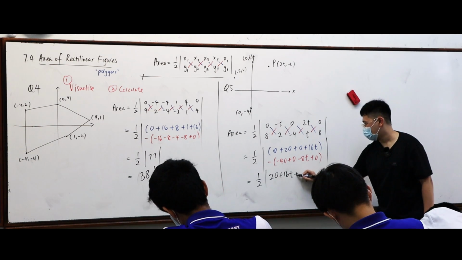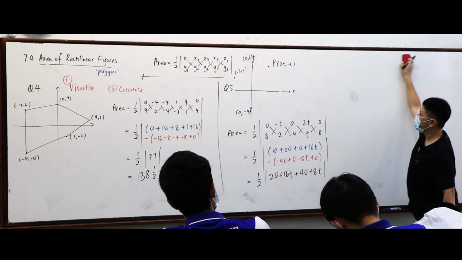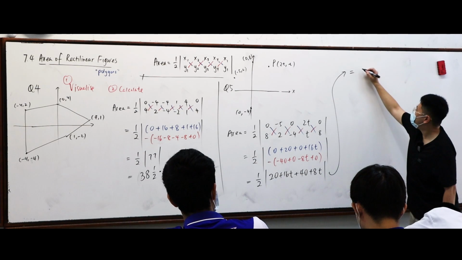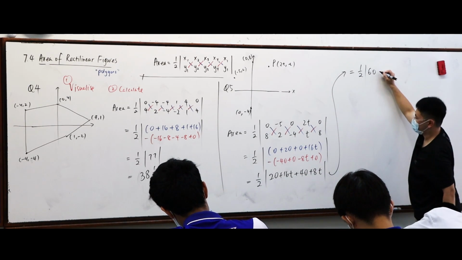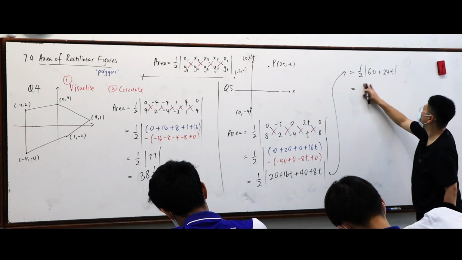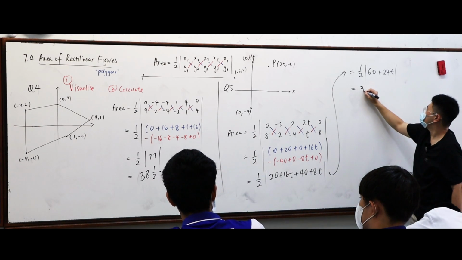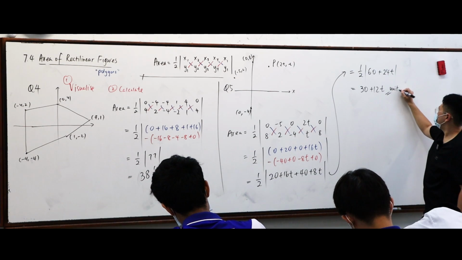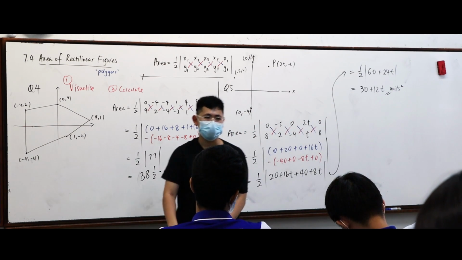Below, when we expand, be very careful of the signs. So lastly we have half times 20 plus 40 is 60. This one is going to be 24t. So half of this, because t is a positive number, we can just remove the modulus. So this will be 30 plus 12t units square. This is all that we have for the area.